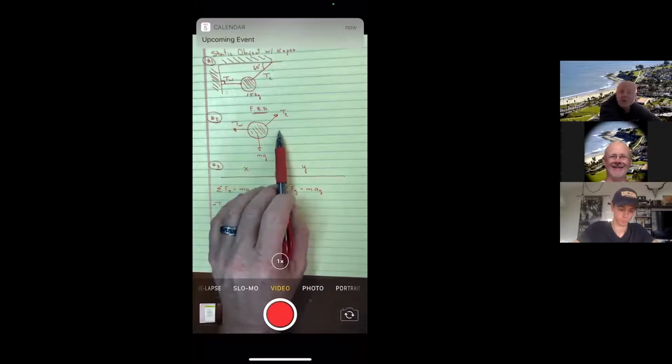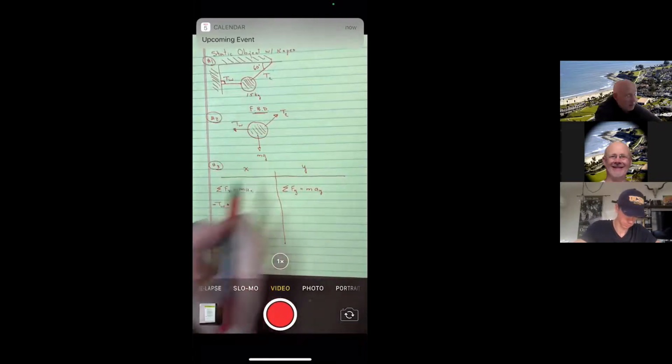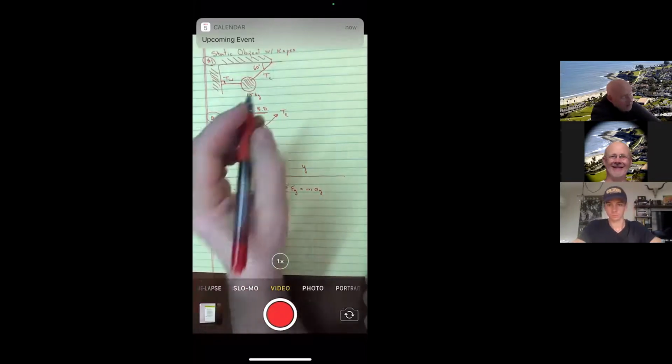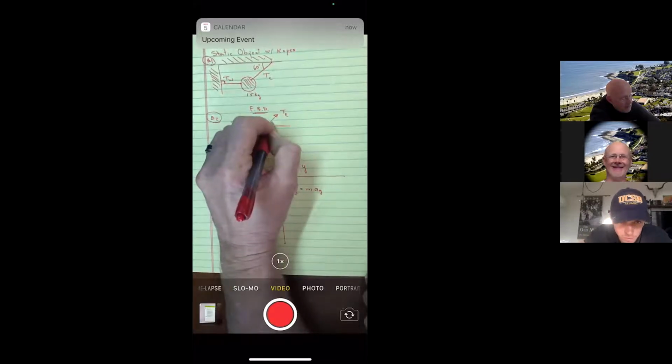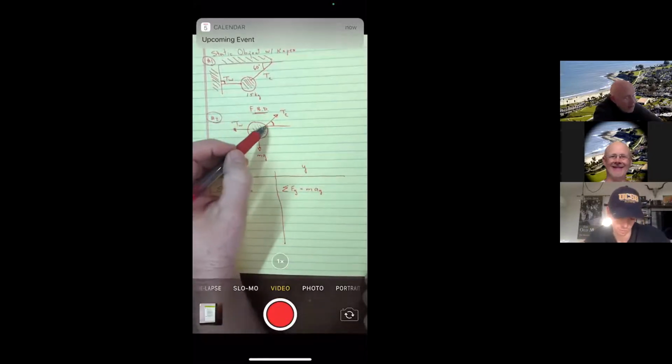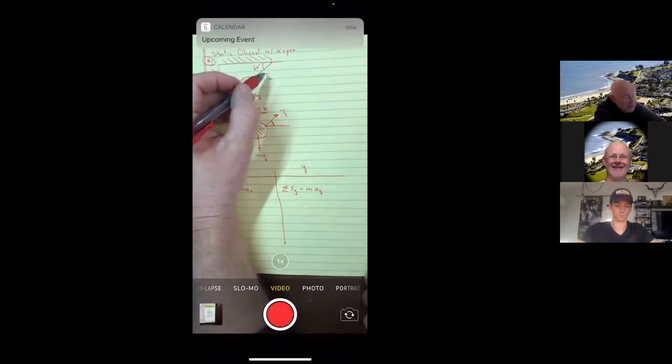This has components. This is why we went through chapter 2. This is why I went through the video right before this, on how to break it down into its x and y components. So I kind of need an angle here. And to get that angle, I'm going to jump up to step 1, because step 1 is the full physical picture.